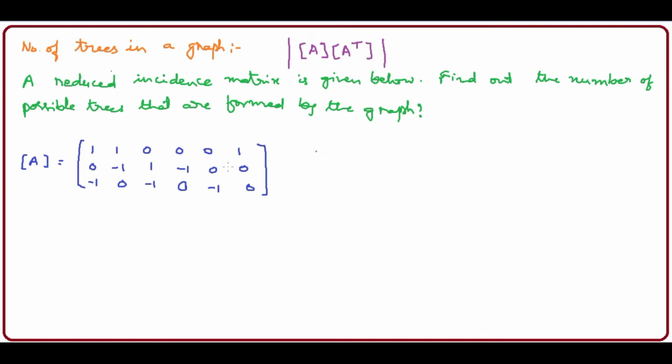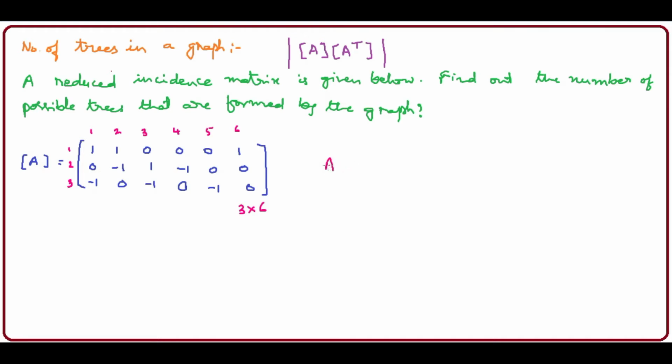Actually, we have three rows, 1, 2, 3, and six columns, 1, 2, 3, 4, 5, 6. So this is called a 3 by 6 matrix. Let us move forward and see A transpose.